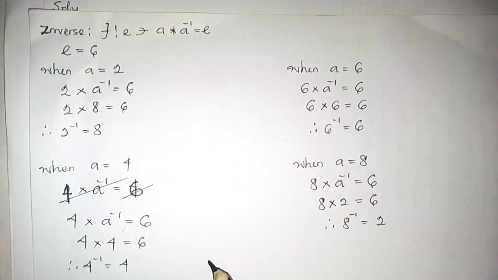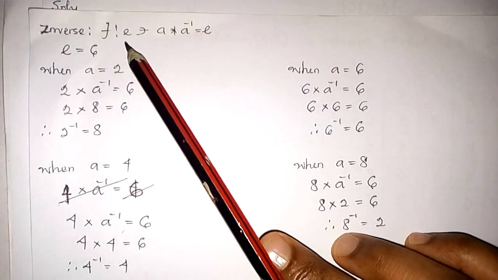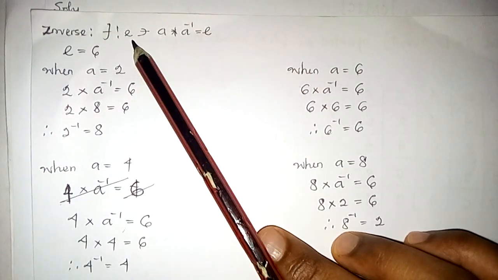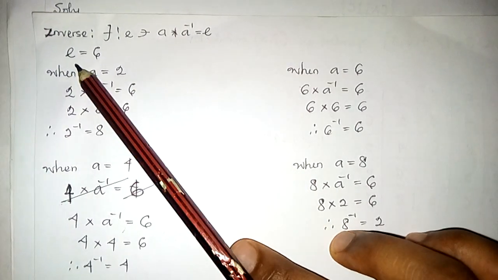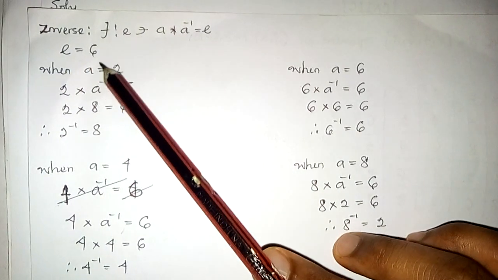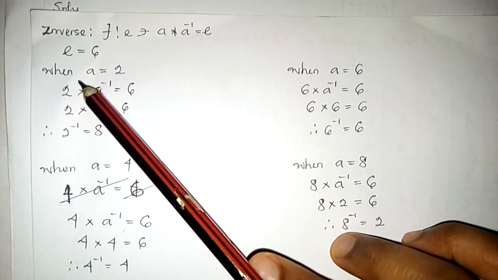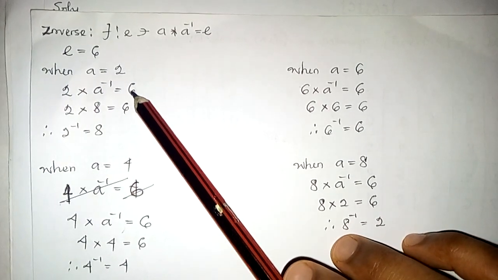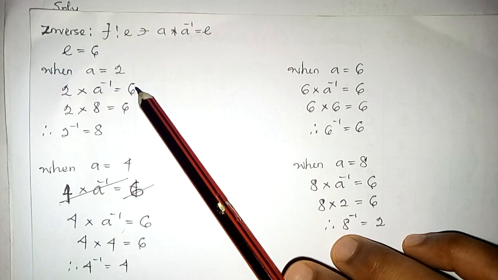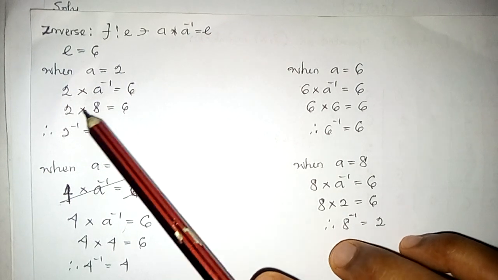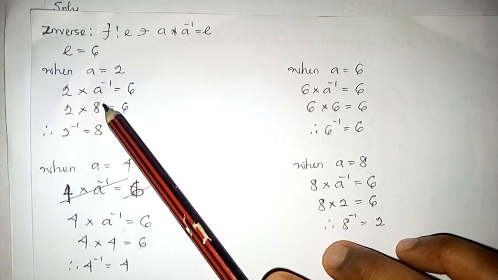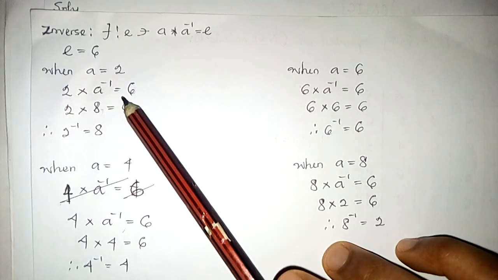The last property here is the inverse, and the inverse here is also saying that there exists a unique element where A by the inverse gives us A. So the unique element here is 6, remember? So we say 2 by something will give us the inverse. Whatever we are multiplying the elements by must give us the identity.